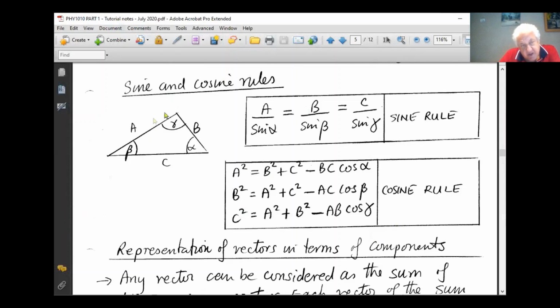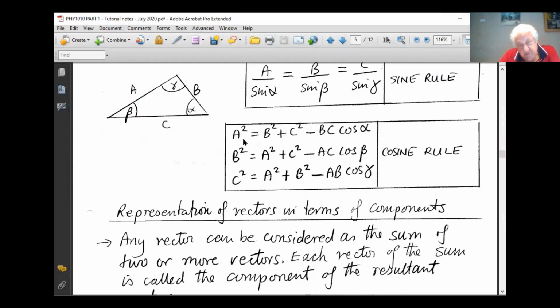The sine rule: if we look at a general triangle with sides A, B, and C, the angle opposite A is alpha, the angle opposite side B is beta, and the angle opposite side C is gamma. Keeping this in mind, my sine rule is A over sine alpha equals B over sine beta equals C over sine gamma.